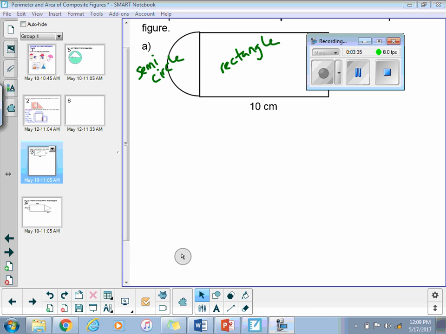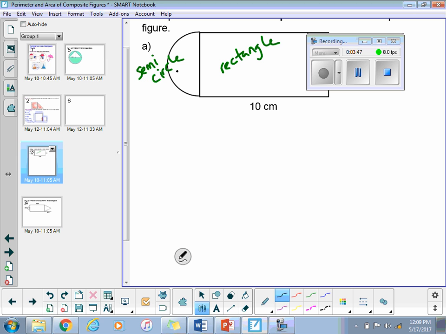So how are we going to find both the area and the perimeter of the composite figure? So that means the whole thing. It's referring to the entire thing. So let's think about this as two different pieces. We'll think about this as the number 1 for the rectangle and 2 for the semicircle.